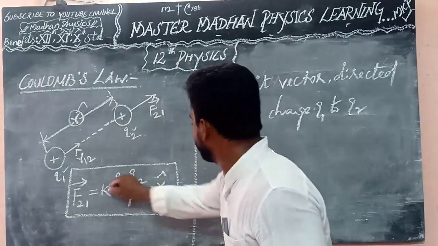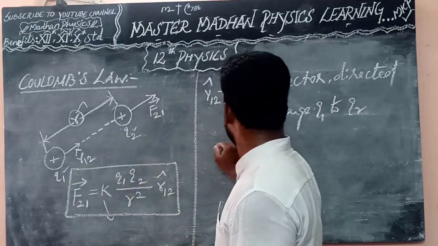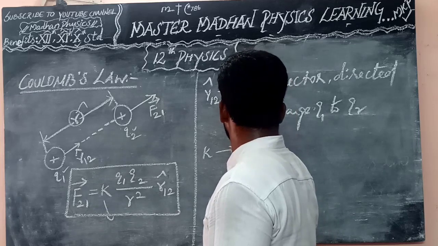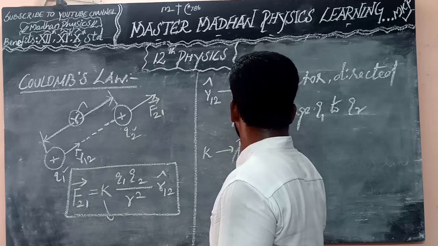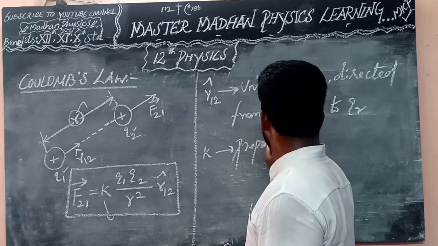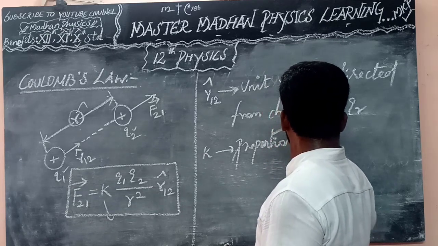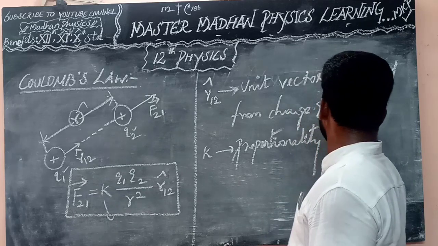Understand? After that, the K. What is meant by K? K is a proportionality constant.